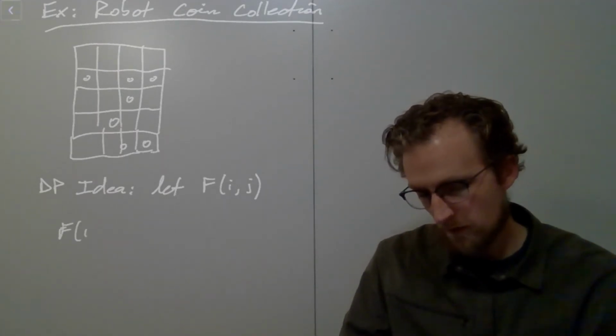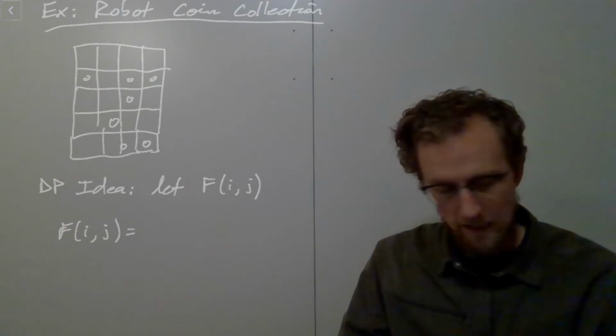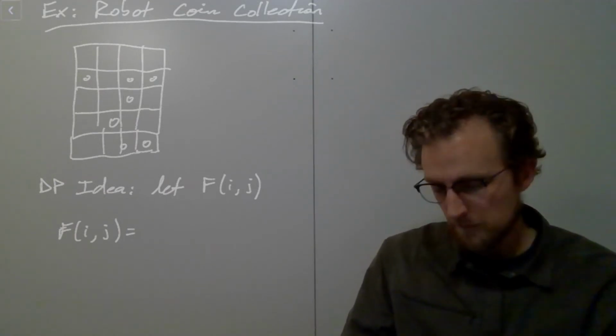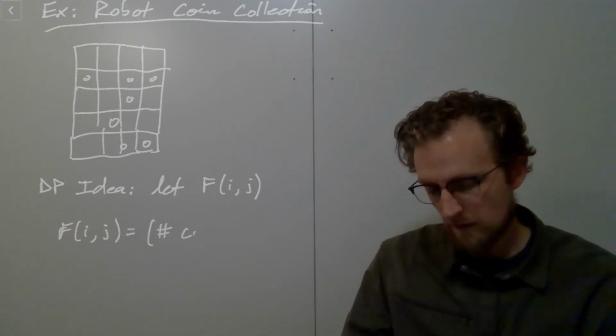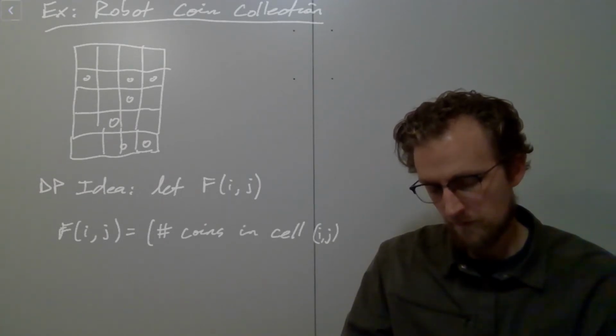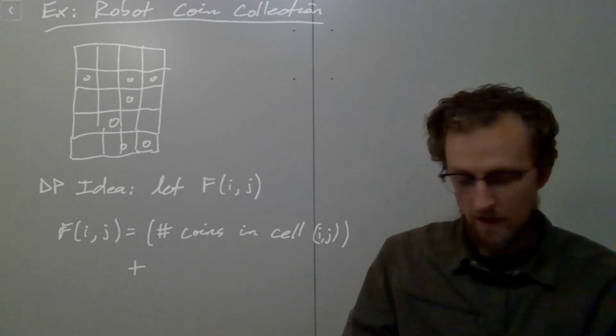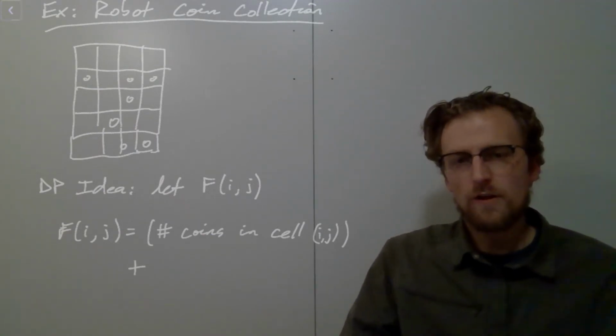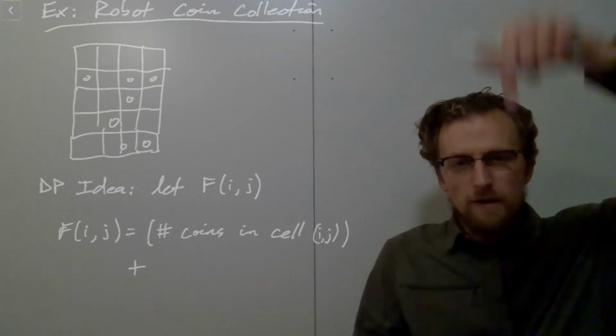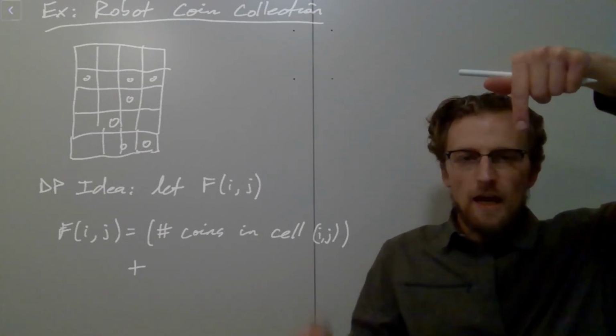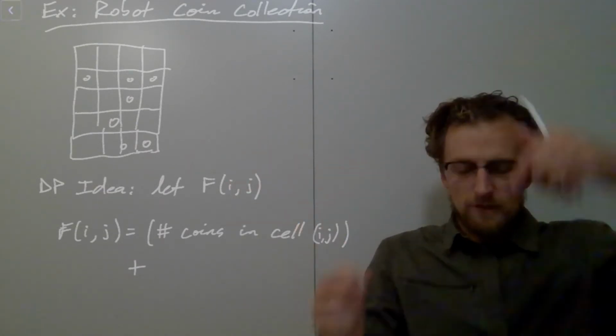Here's how it goes. f of i, j is equal to, first, the number of coins in cell i, j plus the larger of the largest number of coins I could get if I came down into this cell, and the number of coins I can get if I come from the left into this cell.